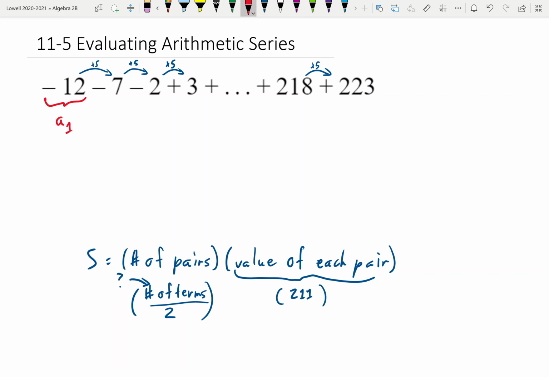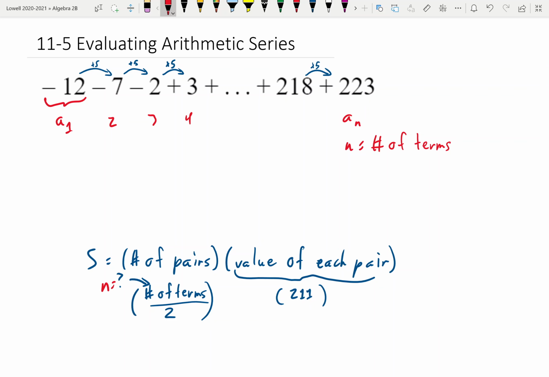That would mean then that if this is A1, then this is 2, 3, 4, etc. The last term, 223, we're going to call it AN. So N, in this case, equals the number of terms. And so we just need to solve for N here, plug it into here, and then multiply that out, and we'll get an answer. Okay, so let's actually do this.